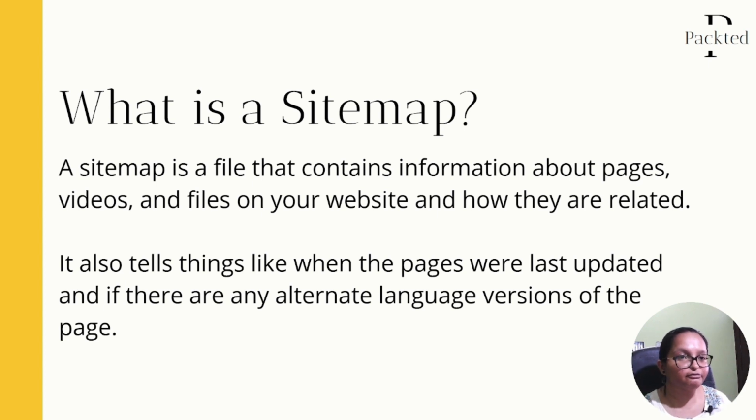Suppose you have PDF pages, simple HTML pages, and images and videos. A sitemap will include all of these types of information, and it will also tell search engines when a page was last updated and if there are any alternate language versions of the page, like you have a single page but it is also available in 3 different languages.